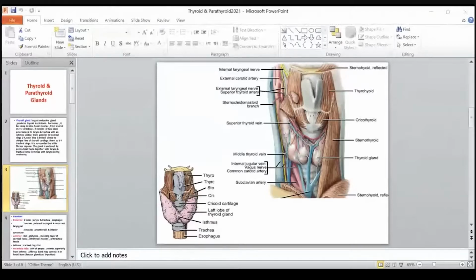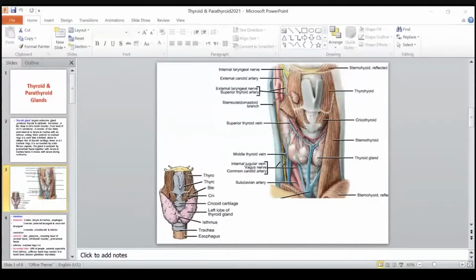One branch descends along the anterior border of the thyroid lobe toward the isthmus and anastomoses with its fellow from the other side. The posterior branch descends to the posterior aspect of the lobe and anastomoses behind with the other artery, the inferior thyroid artery.